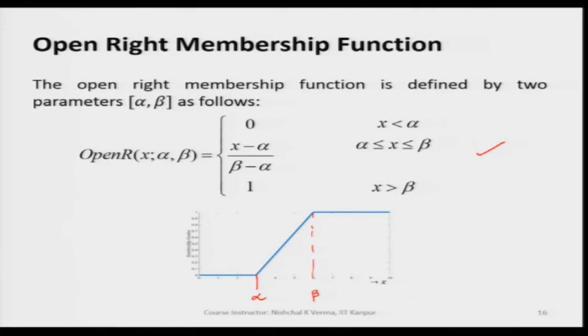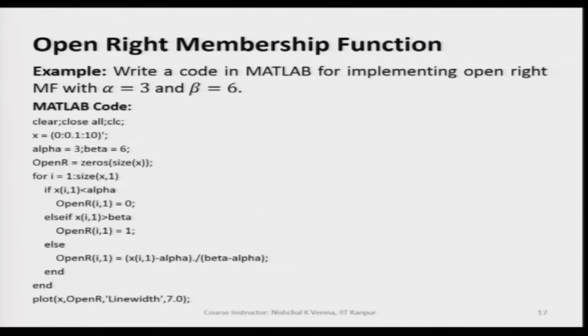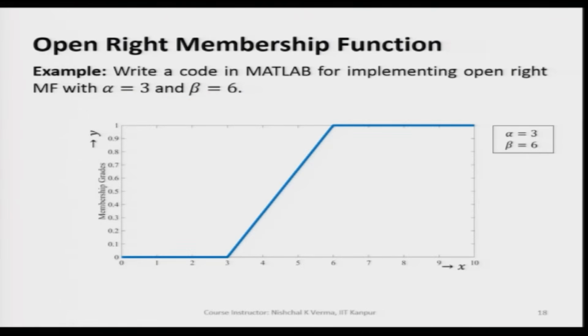This is important to be noted. Similarly, for this also we have a MATLAB code for your help. You can copy this MATLAB code, or rewrite it in MATLAB and run it with alpha equal to 3 and beta equal to 6, and you will get this kind of shape.